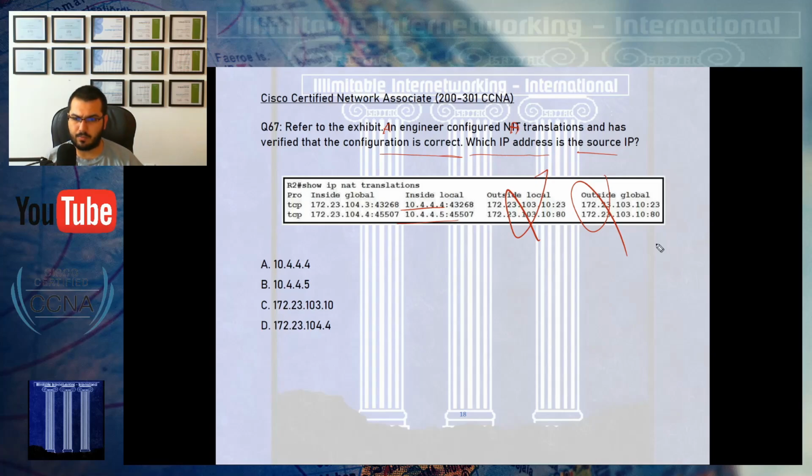This is strange. Okay, one minute. This guy is 172.23.103.10. This is not even mentioned in here. Oh, this is a destination. Okay, so it's not this one.